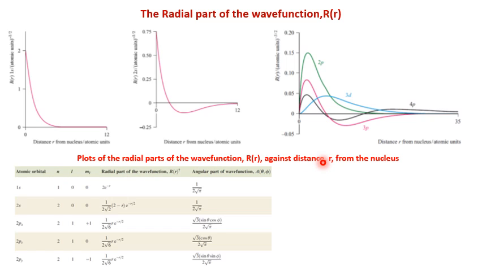For the s orbital, there is a definite value at r equal to 0. For the other orbitals, there is no value at r equal to 0, and then it gradually increases exponentially, and after a maximum it decays exponentially and merges to 0.